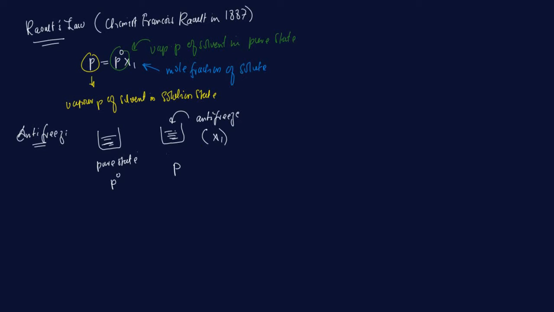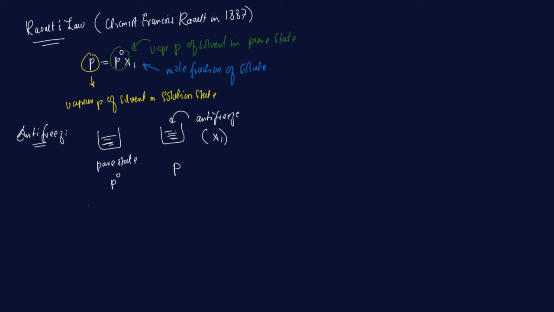This relationship has been expressed by Raoult's Law, which states that the vapor pressure of a solvent in solution is equal to the vapor pressure of the pure solvent multiplied by the mole fraction of X. If we add a greater quantity of antifreeze, or increase the mole fraction of antifreeze in the radiator of the vehicle, greater will be the depression in freezing point. So this is the general equation which tells us the mathematical form of this relationship.